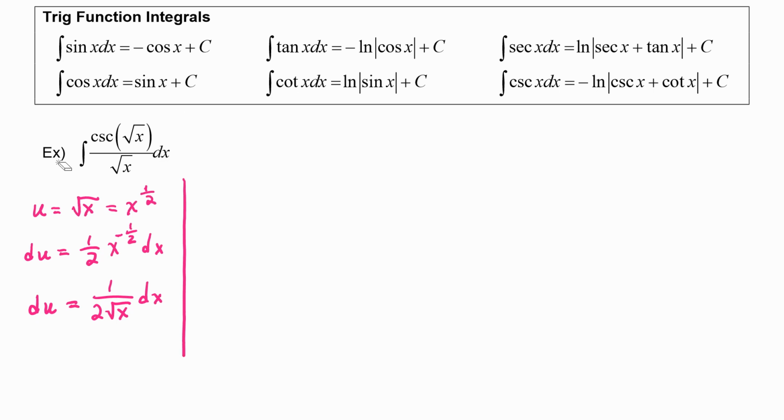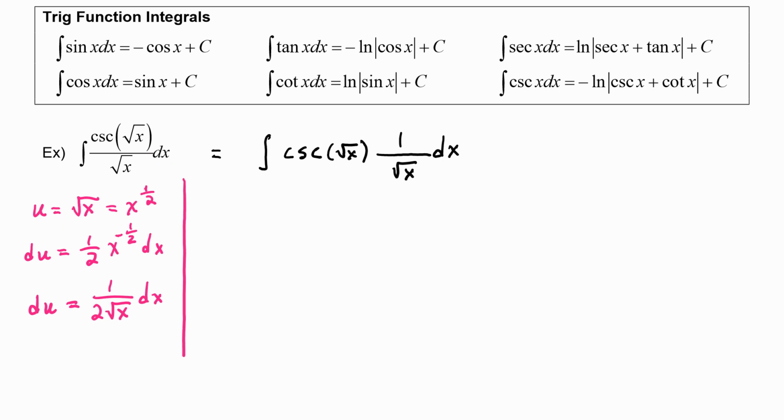So now I want to reorganize my integral a little so that I get my du situated. So this is equal to the integral. I can put that cosecant of radical x here, and then I have this radical x in the denominator, and I want that, and the dx.